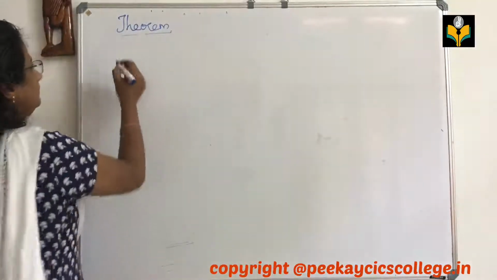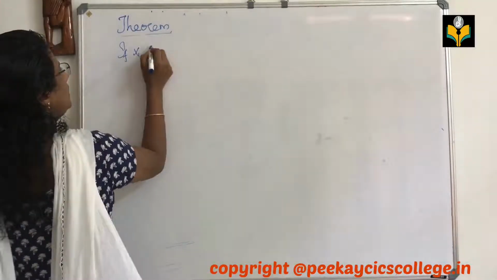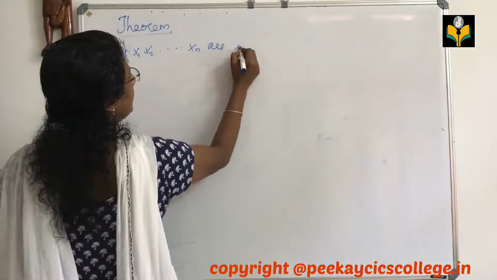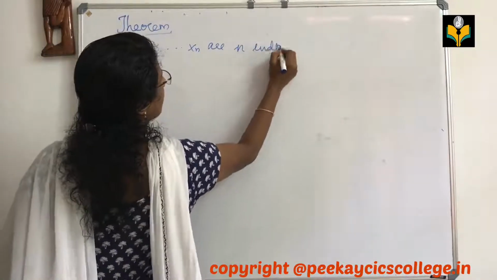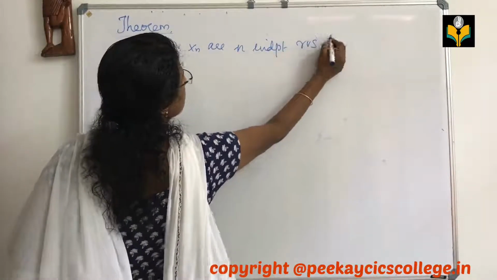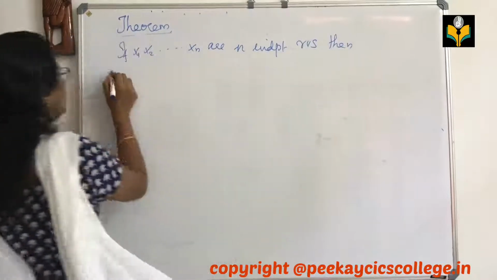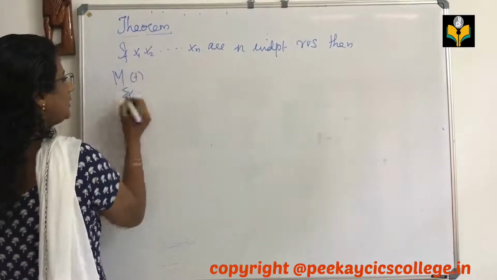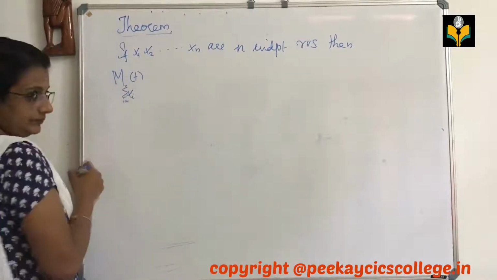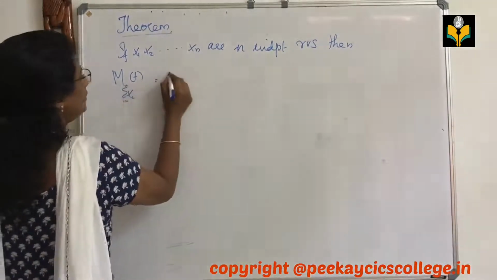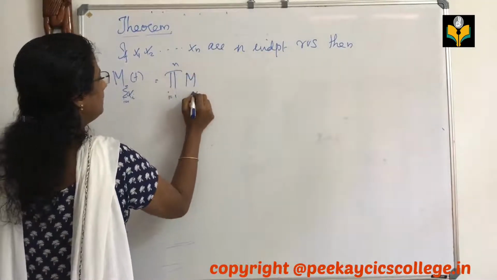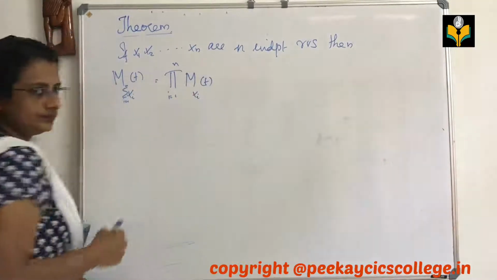Next theorem: if X1, X2, etc., Xn are n independent random variables, then M of summation Xi of t, i from 1 to n, equals product i from 1 to n MXi of t.